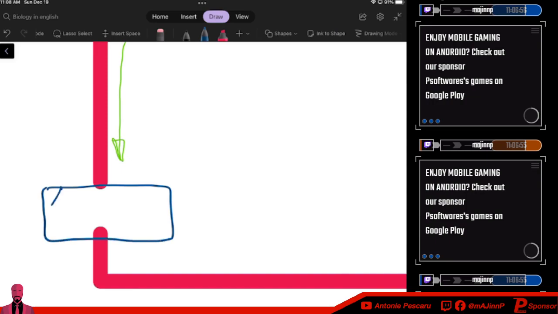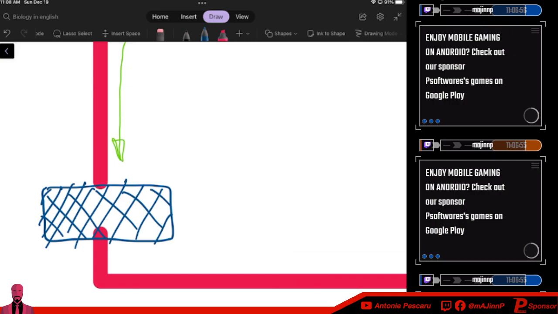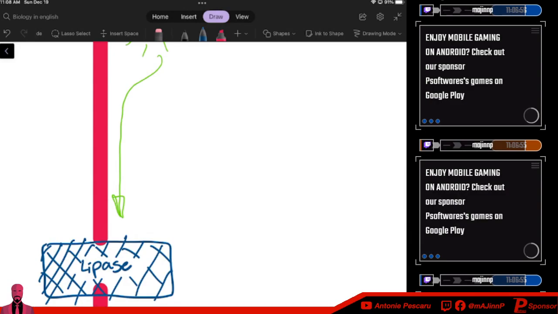Actually, no, it's not a cyclase. What am I saying? It's a lipase. So it's going to find its lipase, a type of lipase. And then it's going to get switched off, right?